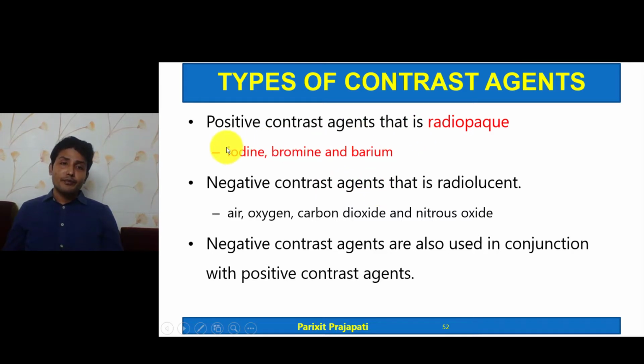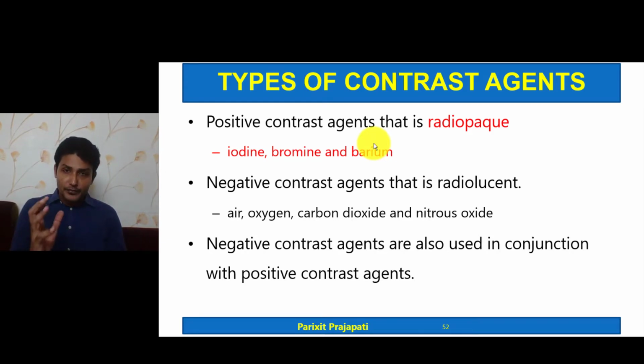Positive contrast agents are also known as radio opaque agents. Examples are iodine compounds, bromine compounds and barium compounds. Opaque means they absorb; they do not allow X-rays to pass.